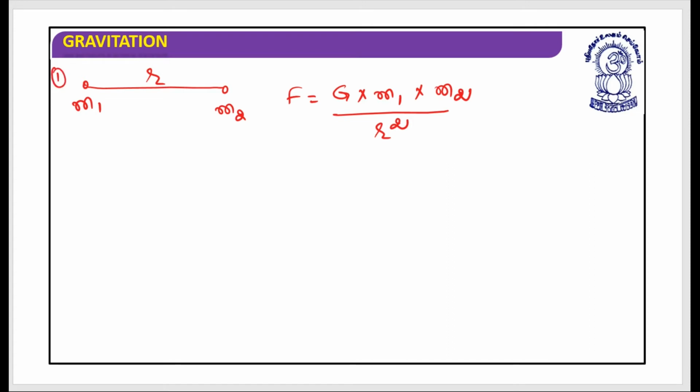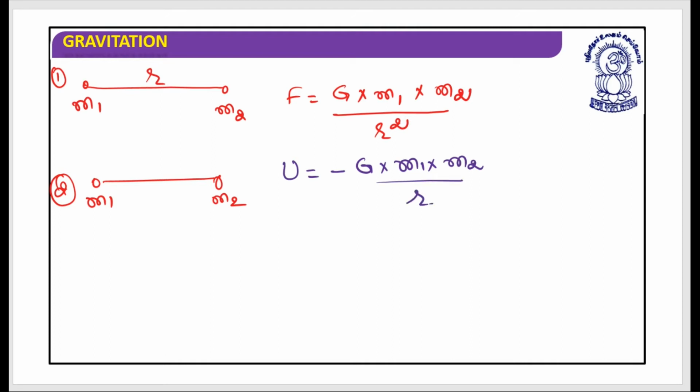Now the second formula, for the potential energy: this is the first mass, this is the second mass, then U is the potential energy. This is equal to minus of G into m1 into m2 divided by r. Yes, this one is a scalar. Force was a vector.